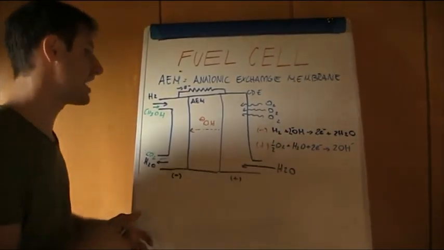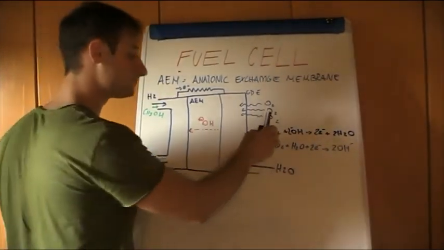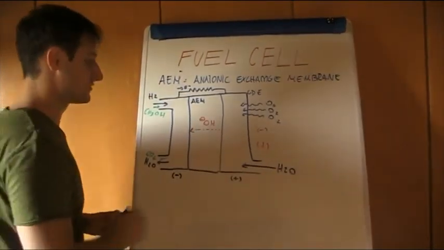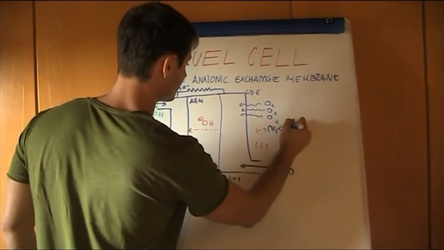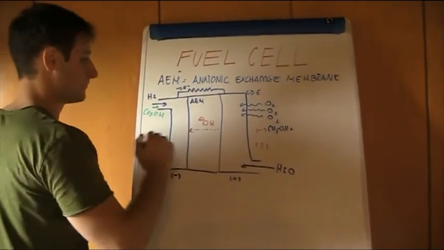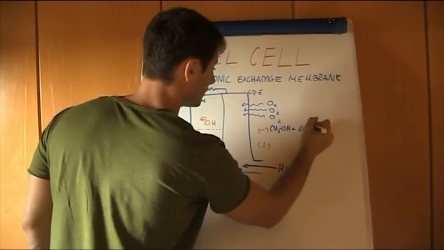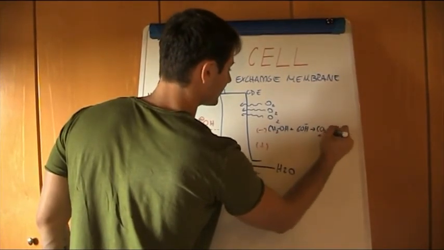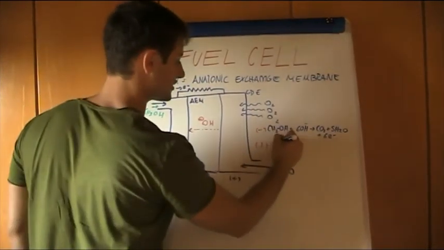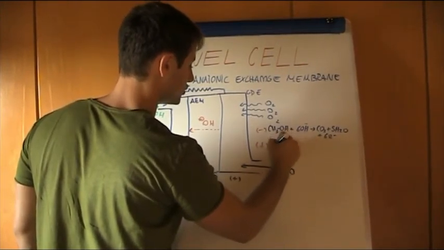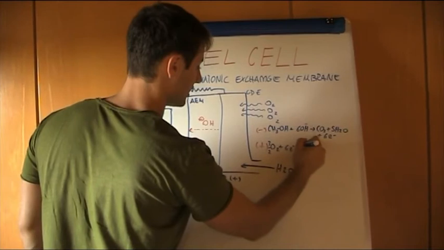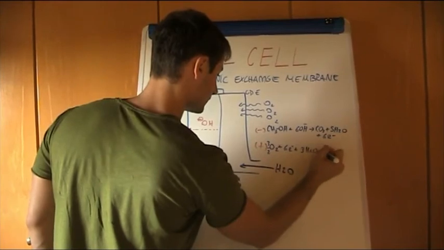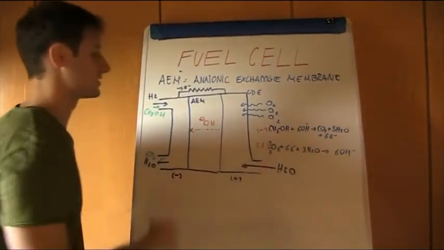An interesting aspect is also the possibility to use this technology with methanol as fuel. In this case, we have methanol reacting together with 6 OH minus to give CO2, 5 water, and 6 electrons. And these 6 electrons are collected by oxygen in order to promote the formation of these 6 OH minus.